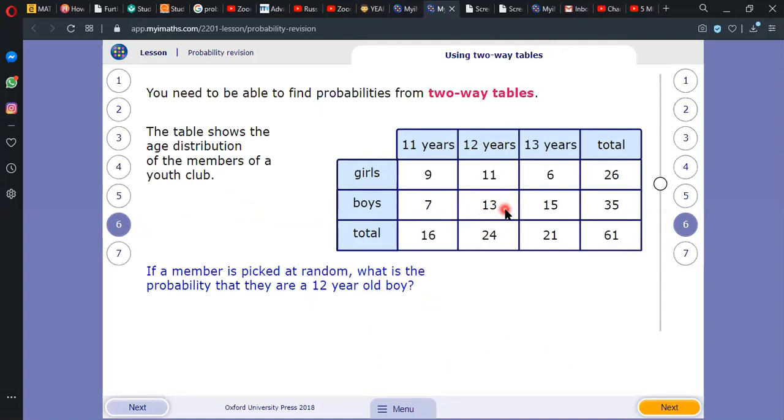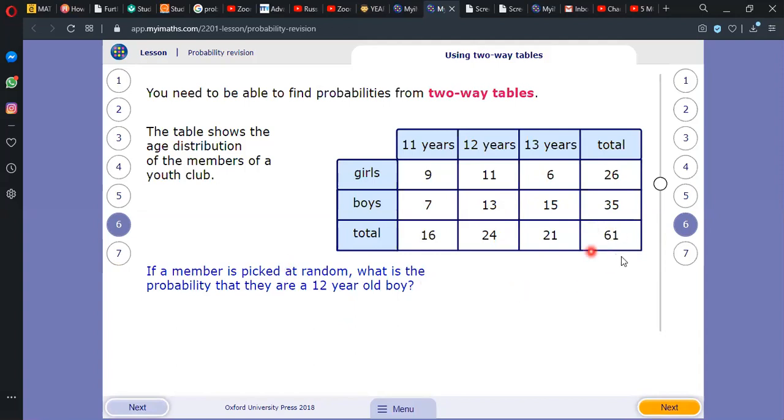Now, the total number of possible outcomes is the total, because they said a member is picked at random, so the whole membership is our possible outcomes, which is 61. You have to be careful there. Always take note of the question. A member is picked at random. A member, not a girl, not a boy, a member.